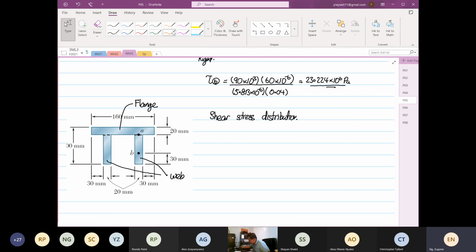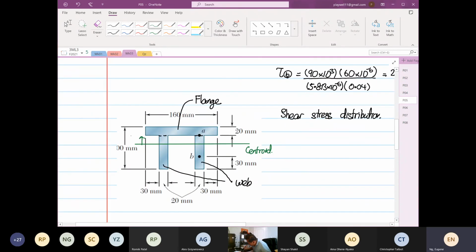And then we are going to draw. We know already where our centroid is. We know the distance from here to here is equal to 0.015. Sorry, I should write bigger.